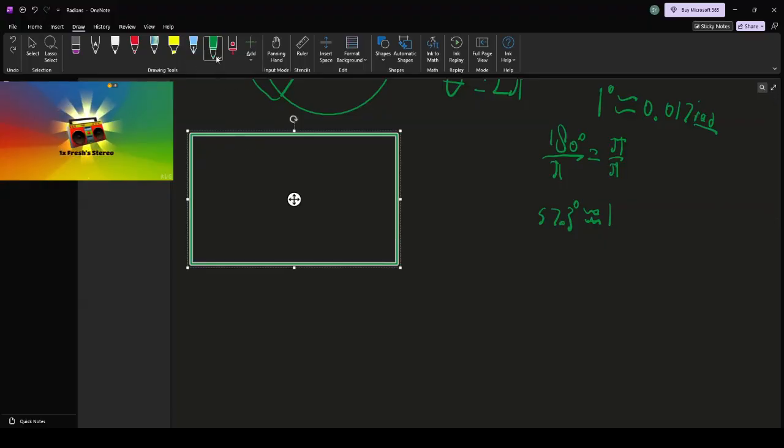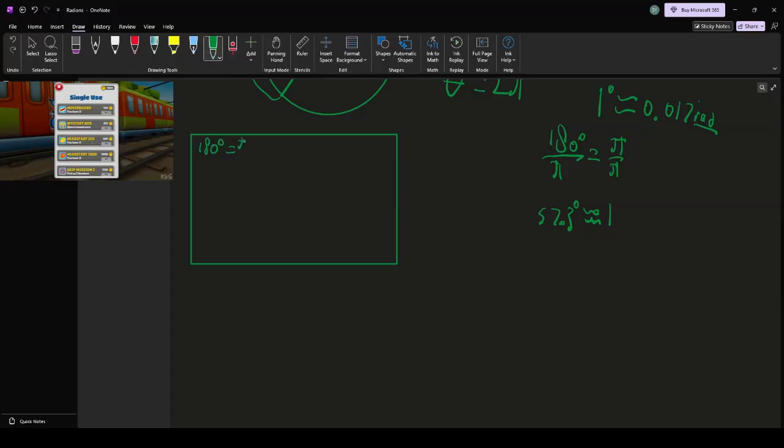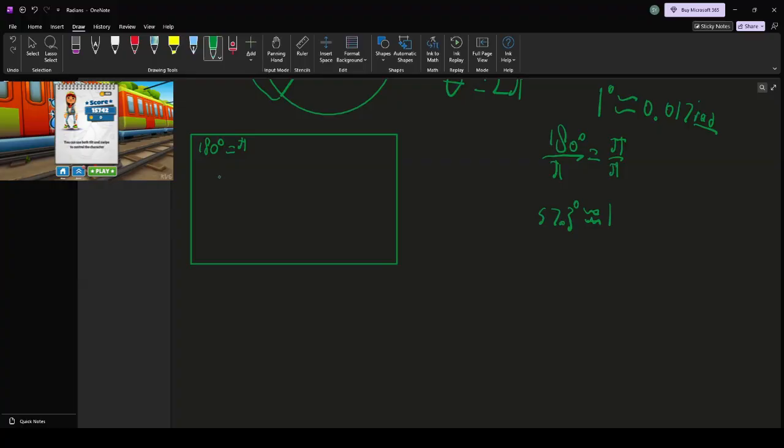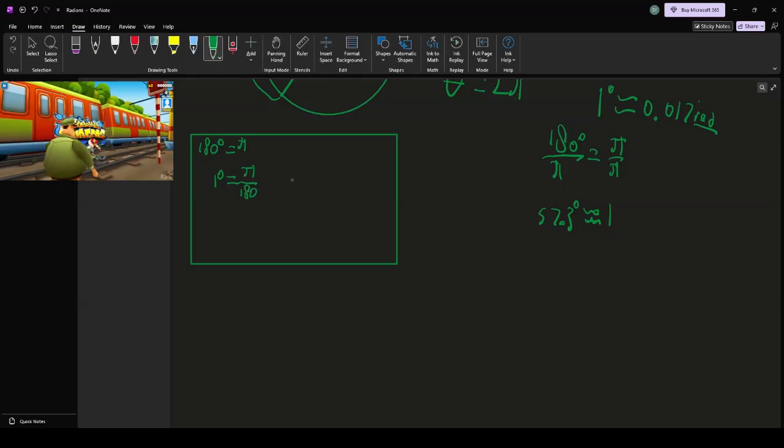Okay, so 180 degrees equals pi radians. Divide both sides by 180 degrees, you get 1 degree equals pi over 180.